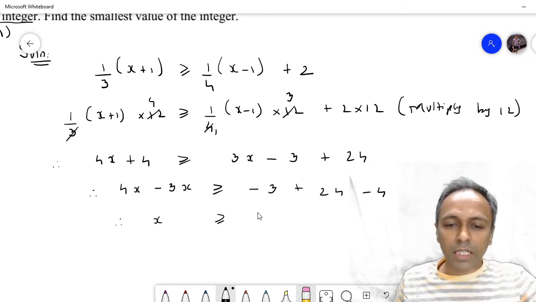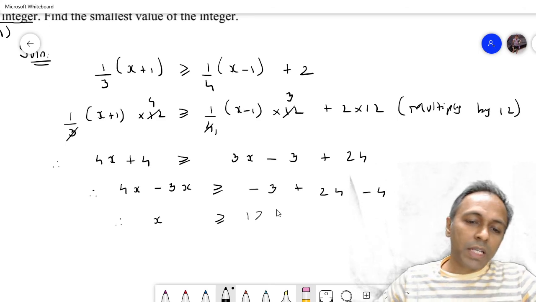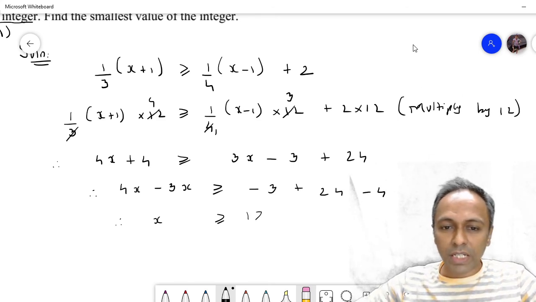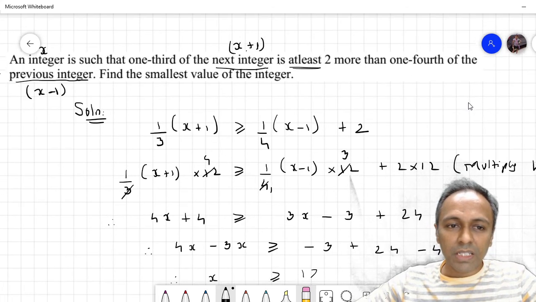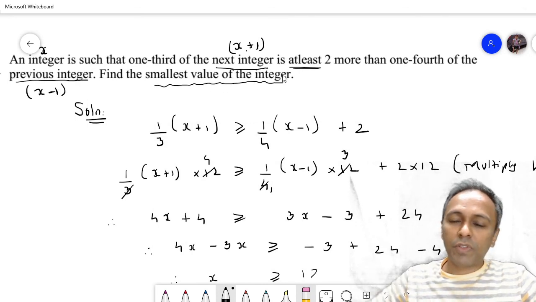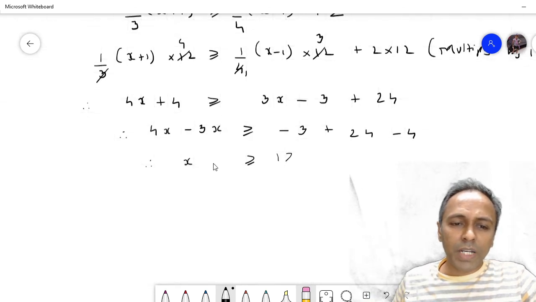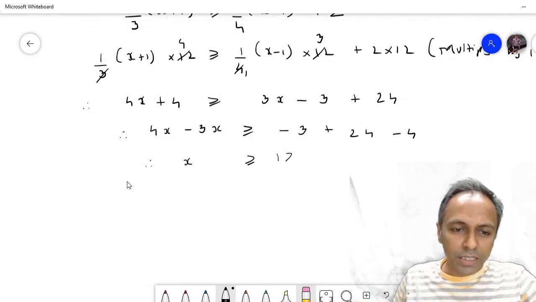Therefore x is greater than or equal to minus 3 plus 24 is 21, minus 4 is 17. X is greater than or equal to 17. They have asked to find the smallest value of the integer. So smallest value will be 17 or 18.